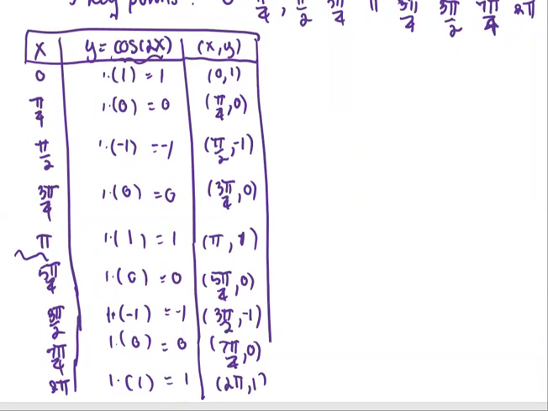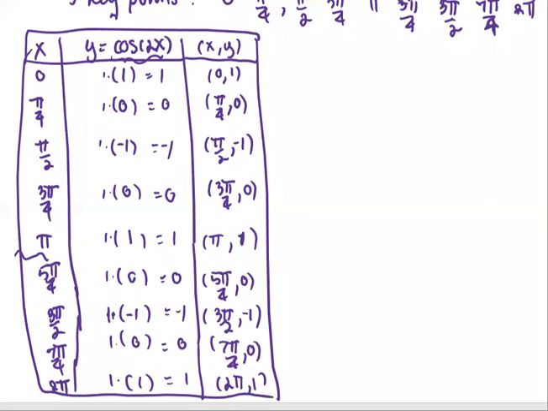And after that, we plot all the points on the plane and notice the maximum is 1, minimum is -1. Adjust your scale very well. Make sure that it covers the maximum and minimum, and go by the increment of pi over 4.